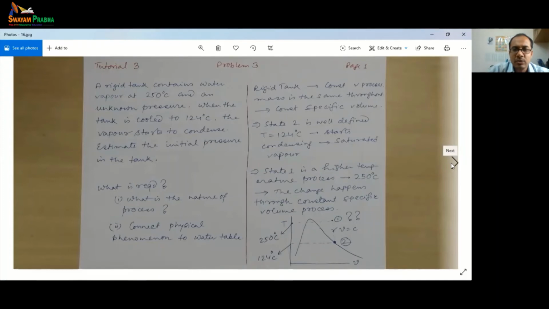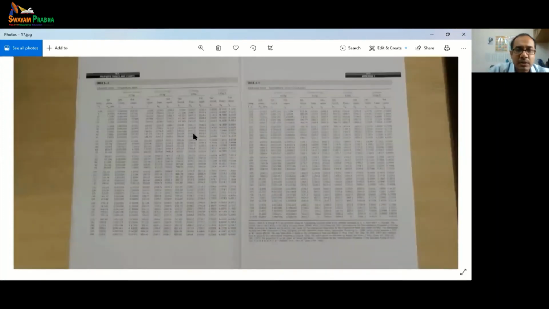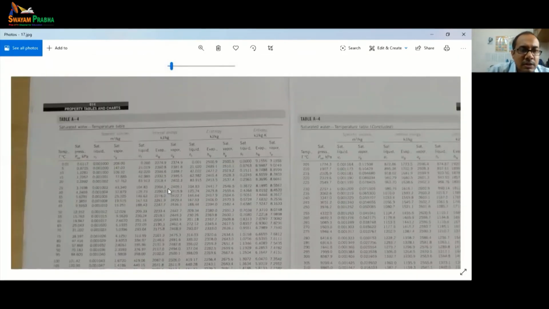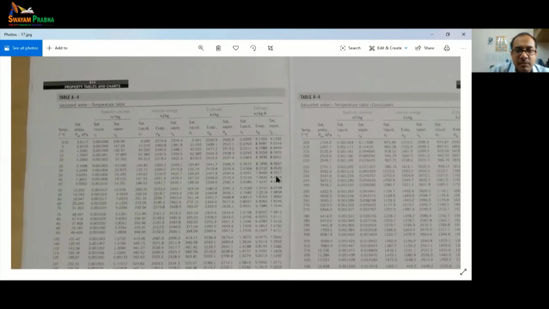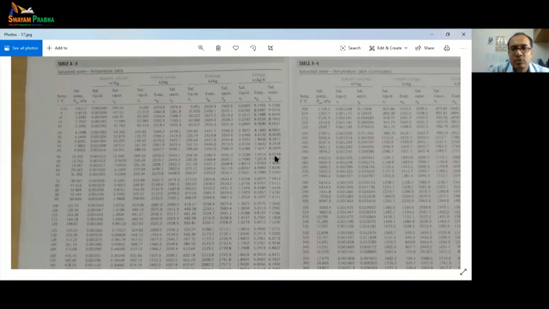So let's go to the superheated vapor table. This is the saturated water table. So this will not give us anything, because it has to be the superheated vapor table.